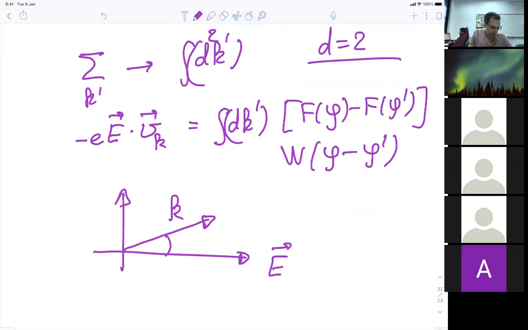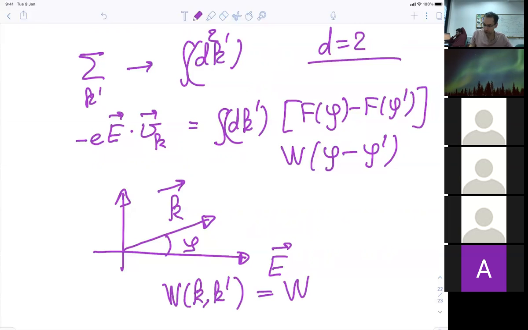There is an angle phi between the direction of the vector on a two-dimensional plane and the vector E. And the scattering probability between state k and state k prime is proportional to a function that depends on the angle between these two vectors.